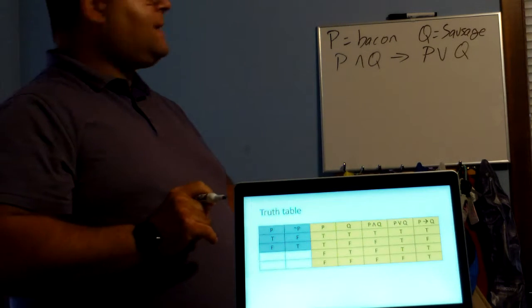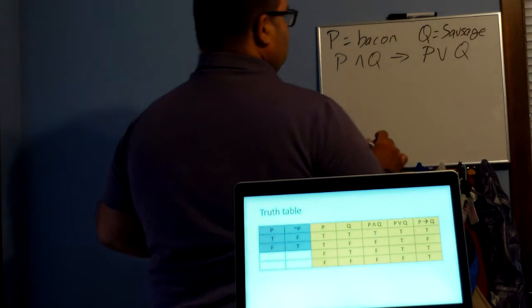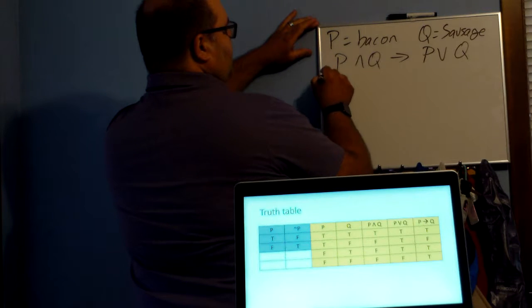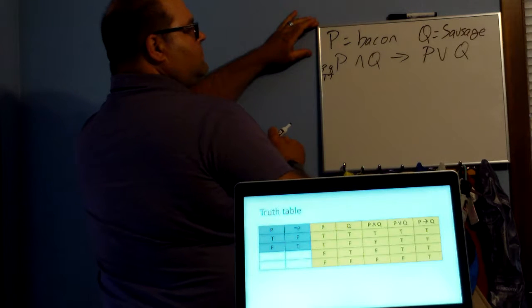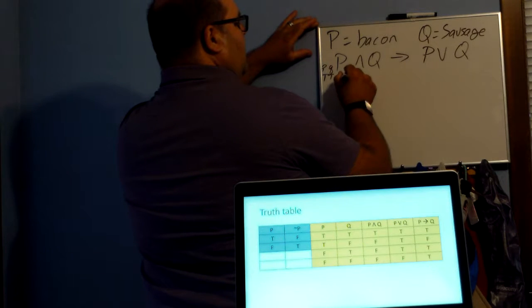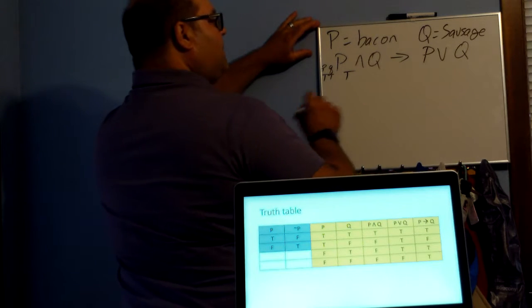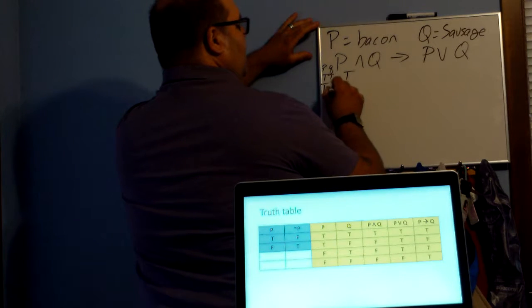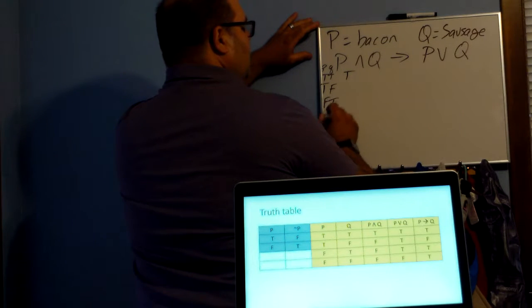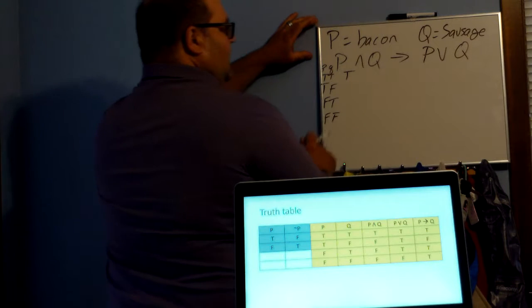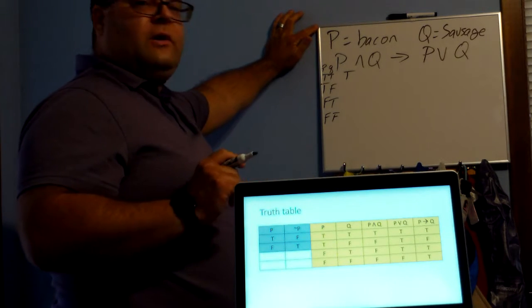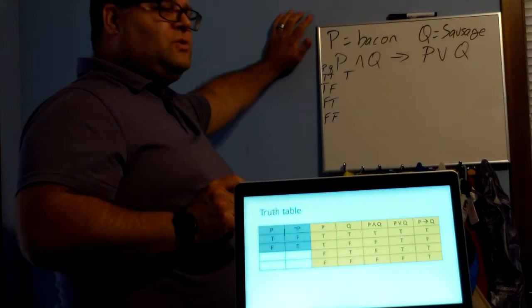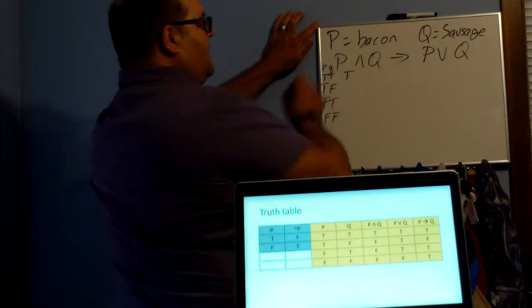In our first case, we have true and true for P and Q. So the first step is to identify our four cases, and we replace each variable with its truth value for that associated case.